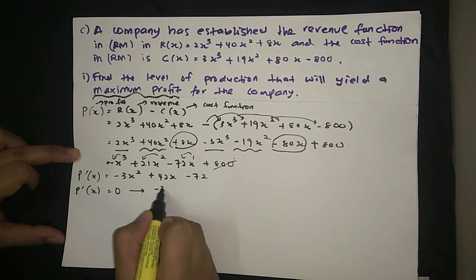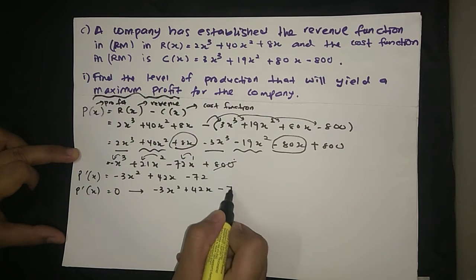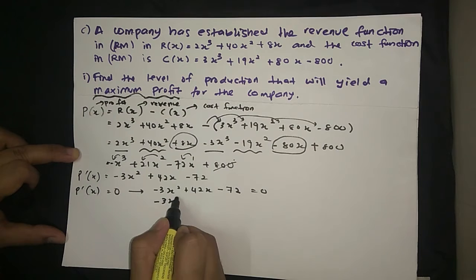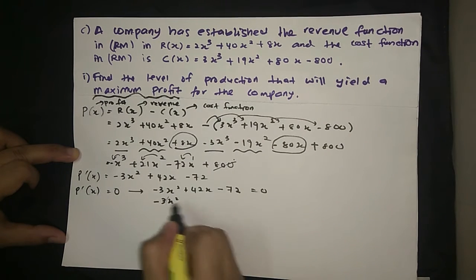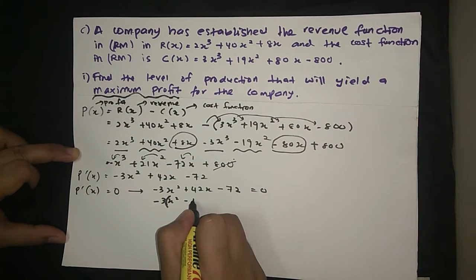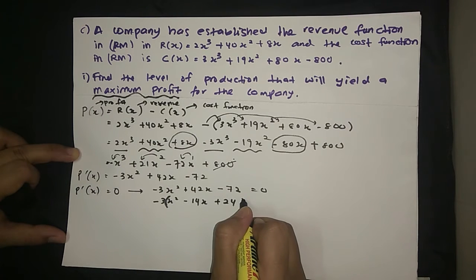So negative 3x squared plus 42x minus 72 equal to 0. We got negative 3 bracket x squared minus 14x plus 24 equal to 0.